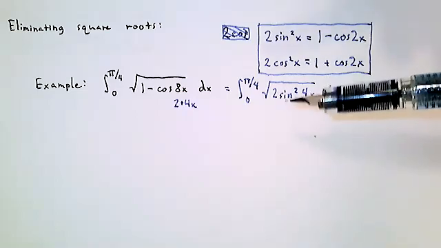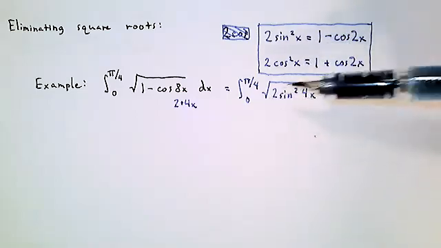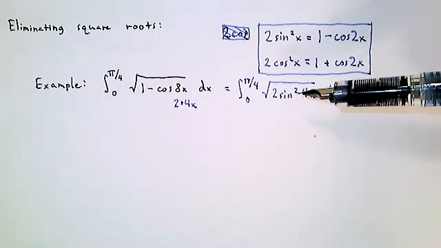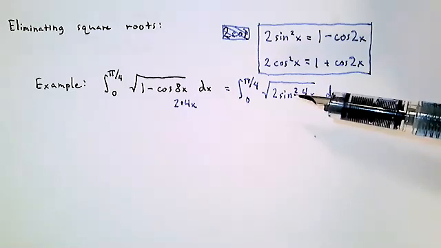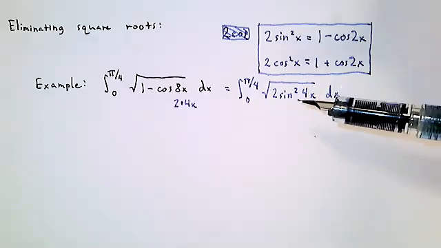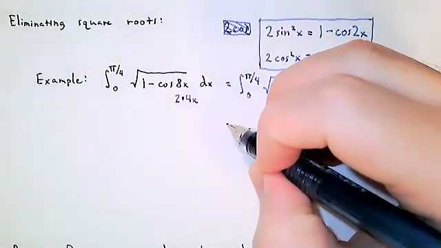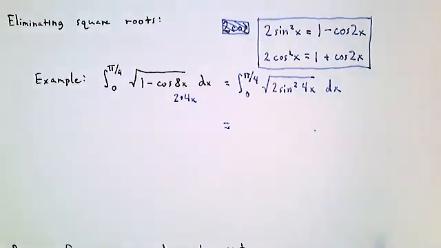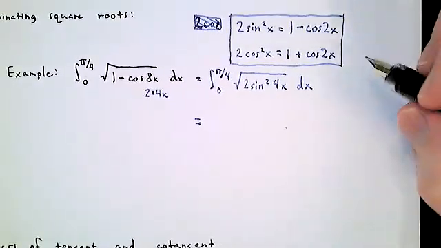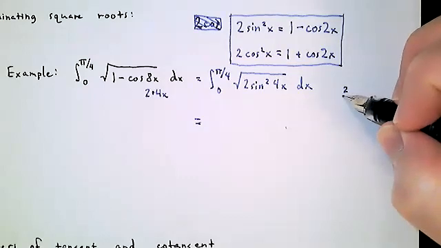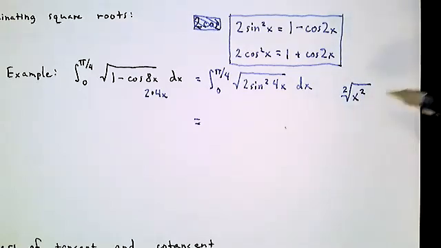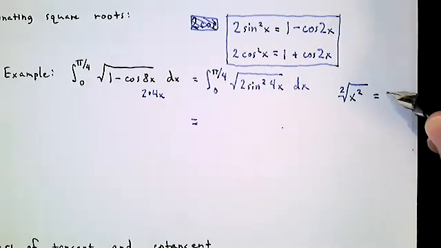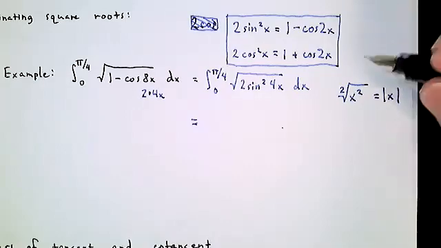So with this substitution using the formula, we're now taking the square root of a function squared, which means we can get rid of the square root, but we do have to worry a little bit about whether sine is positive or negative. So what I mean here is there's this little subtlety that we don't normally have to think about, or we don't have to think about very often. But when you take the square root of x squared, you're actually looking at the absolute value of x, because square roots are always positive.